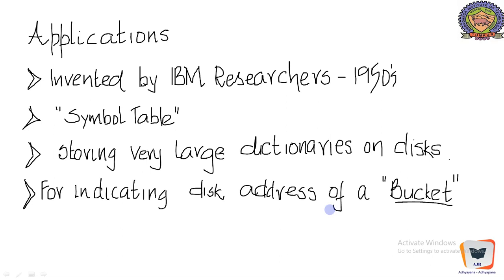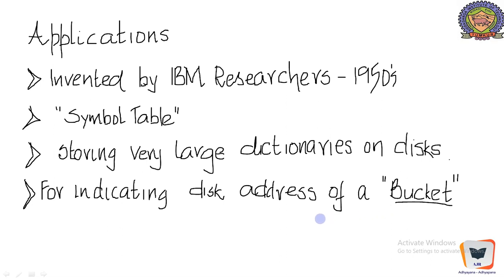With some modifications, it has also proved to be useful for storing dictionaries on the disk. Since disk access is expensive compared with the probes performed in the main memory, it is preferable to make many more probes than disk accesses.